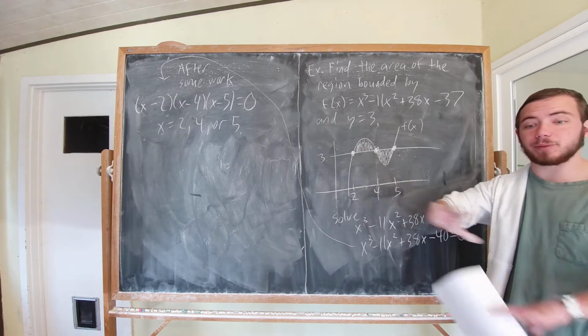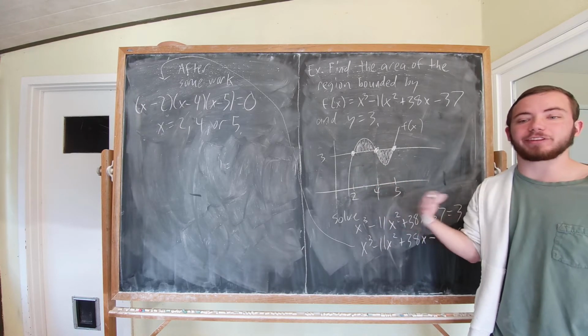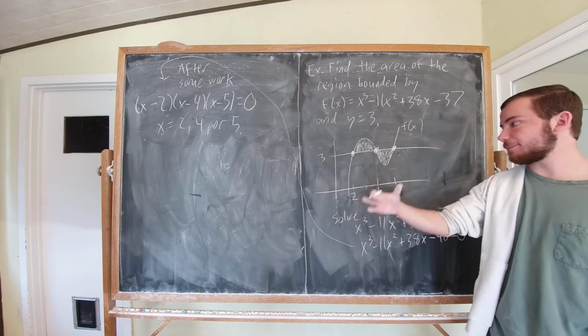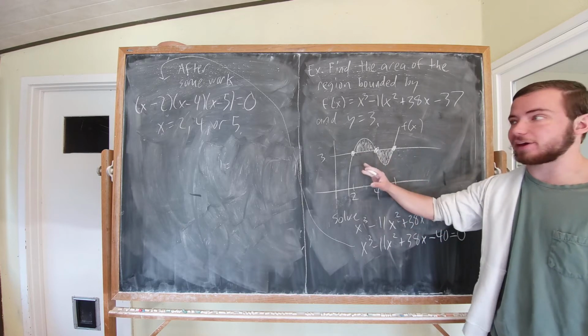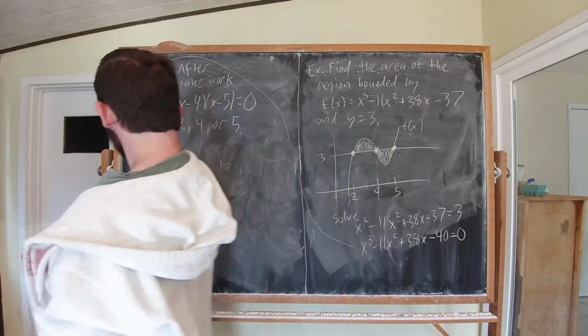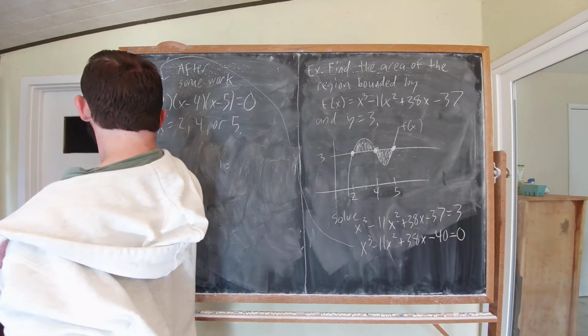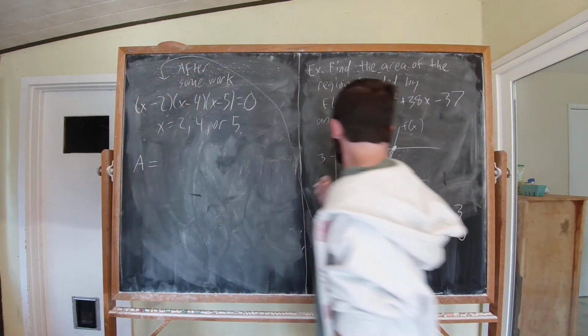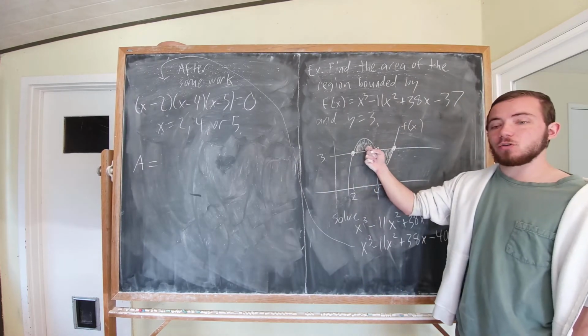Once we get all this information, all this getting of information is preliminary work. How do we set up the integral to get the actual area? Well, we need this area first. What's this area?